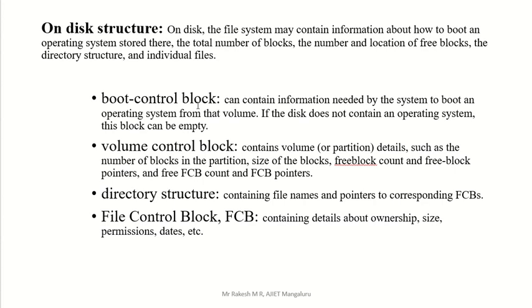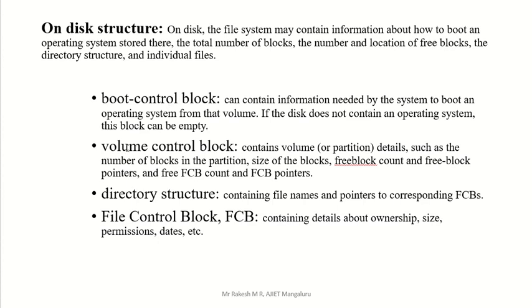So the boot control block will be used only if there is an operating system. If there is an operating system, then booting is required. Related to booting, we have some code, right? That code is managed by the boot control block, which is there in the secondary device.